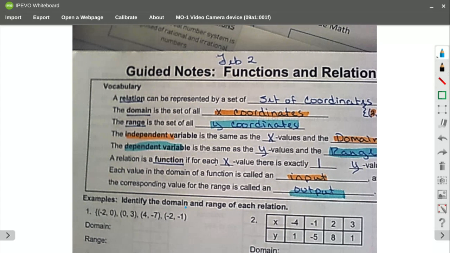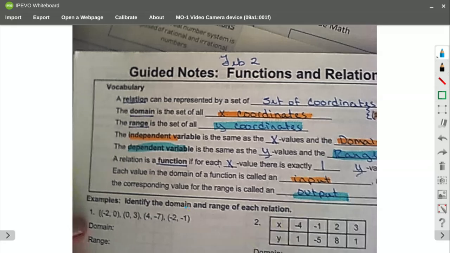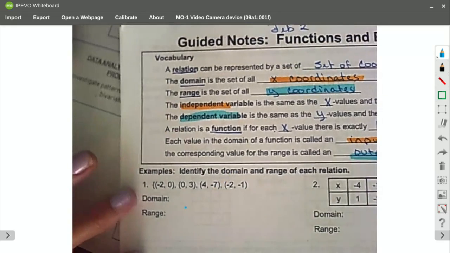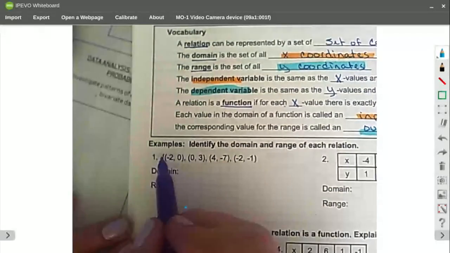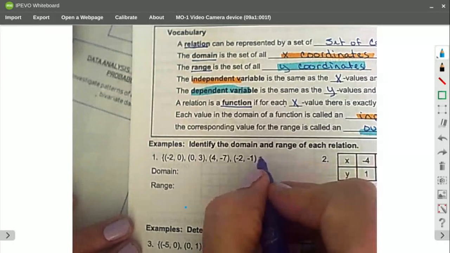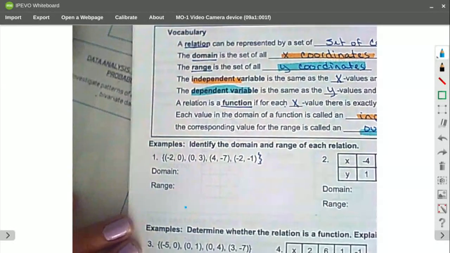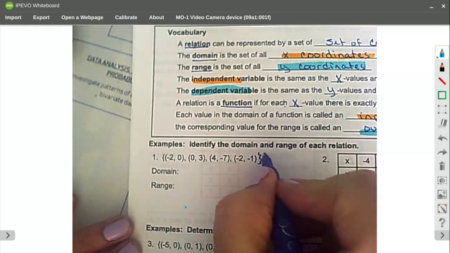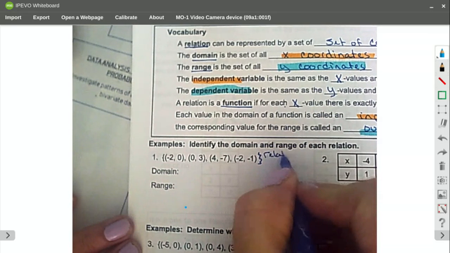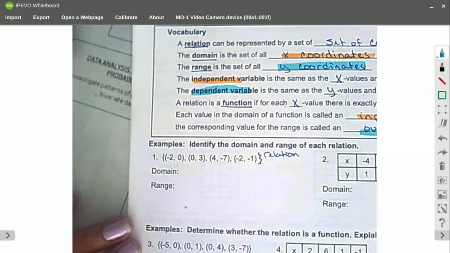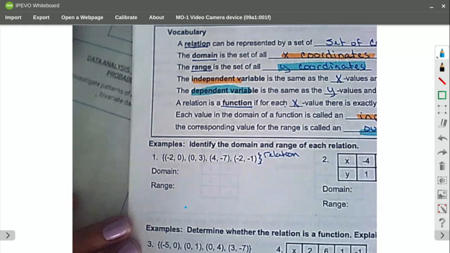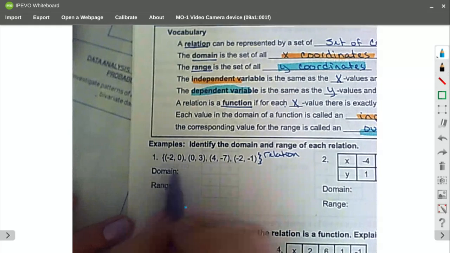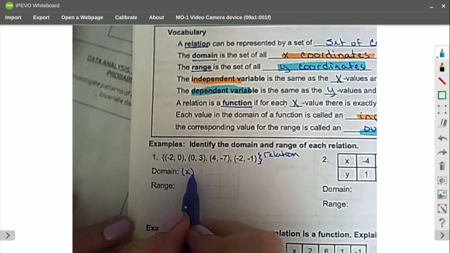All right, so let's look at that in terms of some problems. So here is my set of coordinates. Remember, what do we call this set of coordinates? It's missing a set thing. This set of coordinates is called the relation. Okay? Domain is the set of all x's.